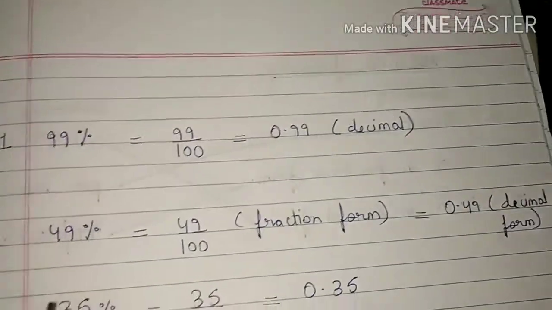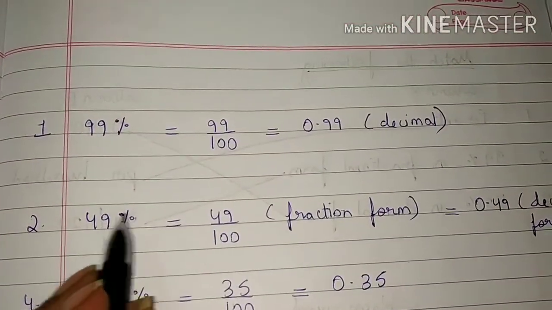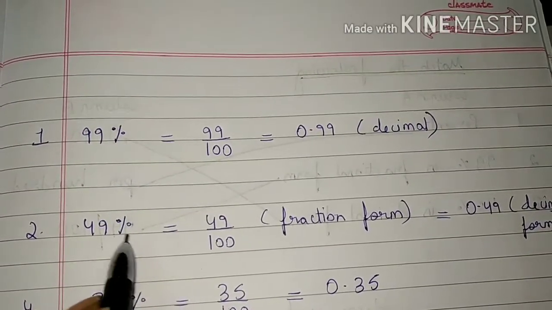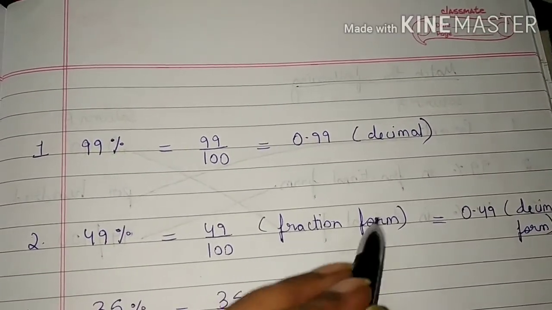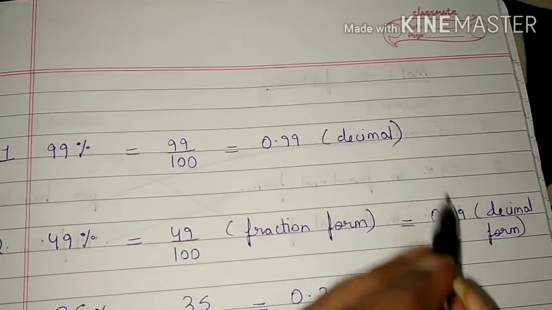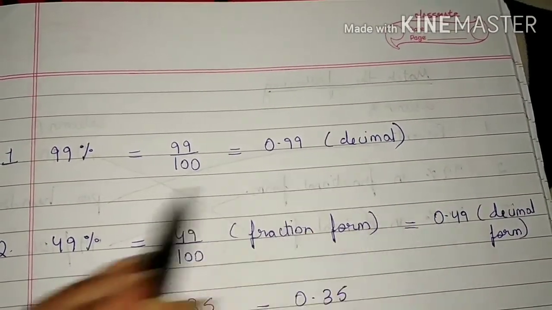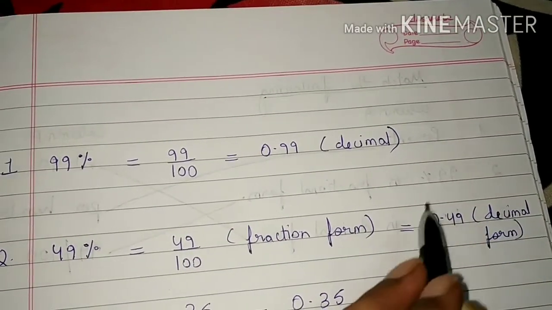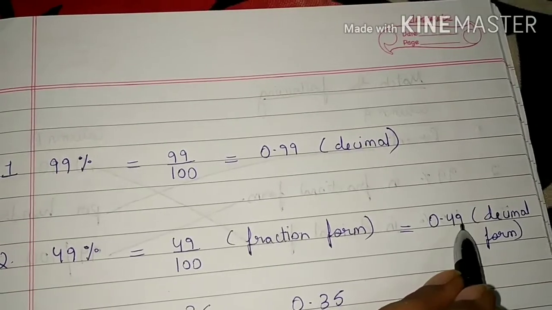Students, look here. Here it is 49% and we have converted 49% into fraction form, that is 49 divided by 100. And here we have converted 49% into decimal form, that is 0.49.